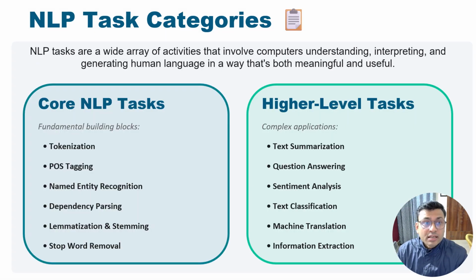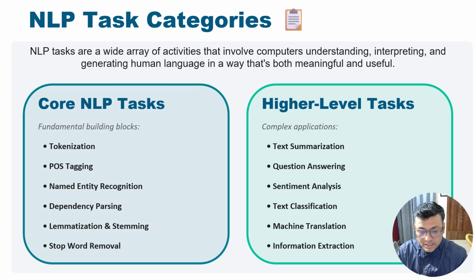Okay, now NLP can be categorized further into different tasks, and this is very essential before we understand how NLP basically works. If you look at the core NLP tasks, it is about tokenization.